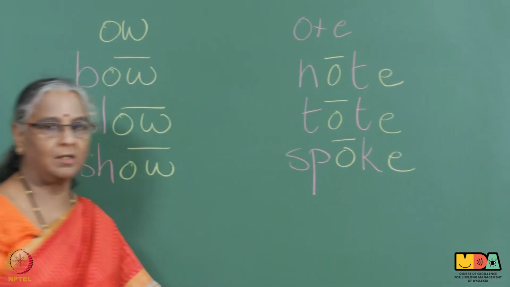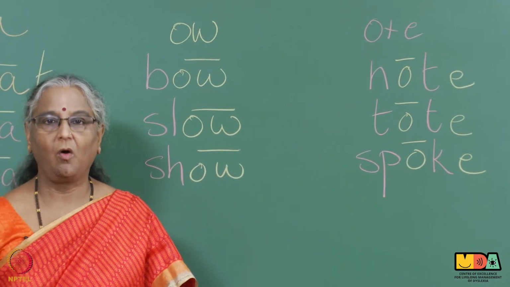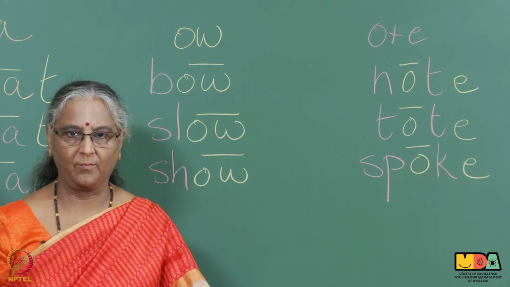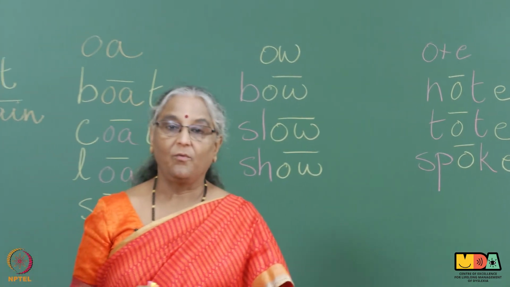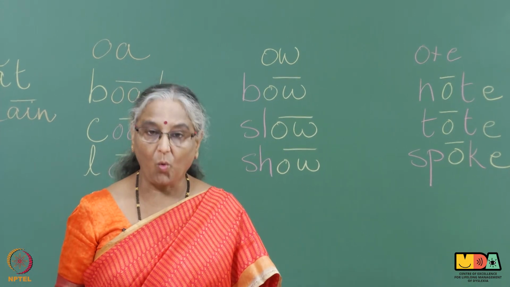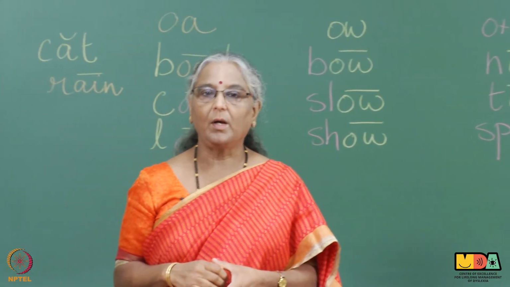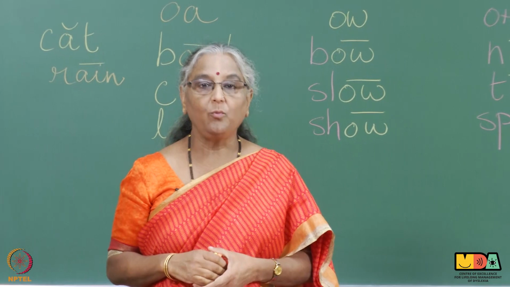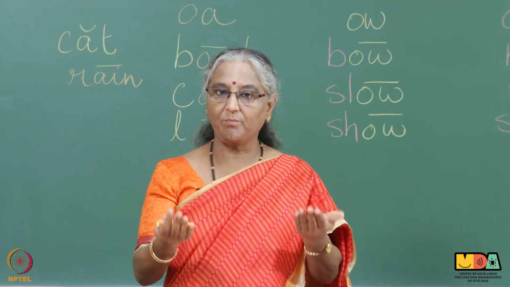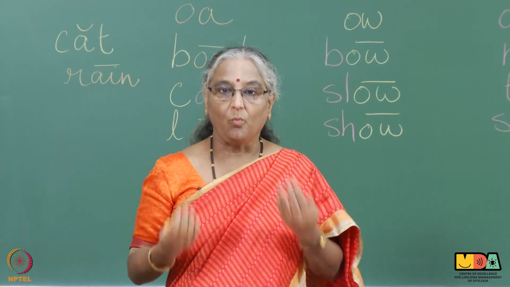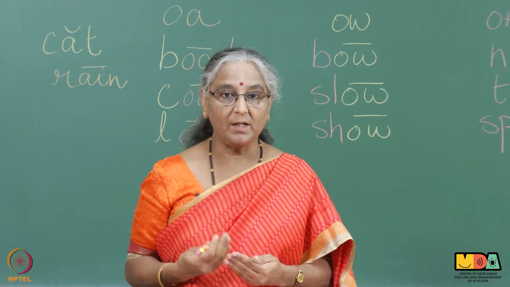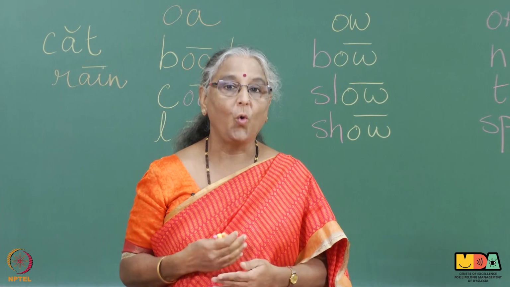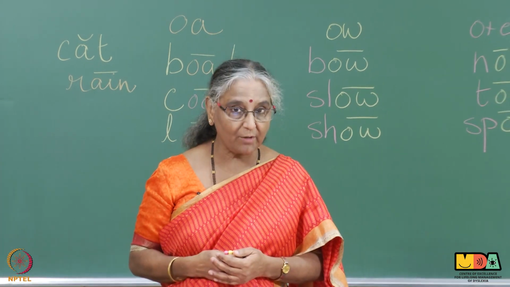I am indicating that O here is a long O vowel sound. Like this, O is represented as OA, OW and O plus E, and we generate the words from the child. We can make a long list, and I am going to give you 2 minutes to make this long list of O words. Can we do it right now?